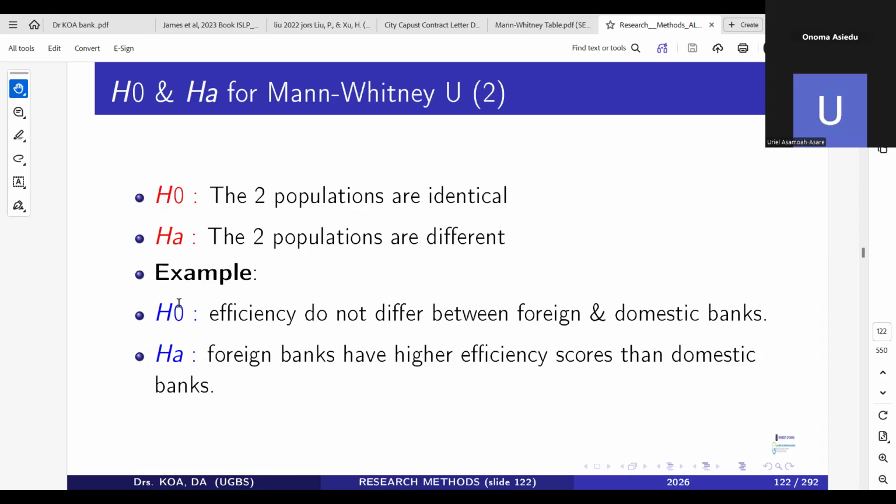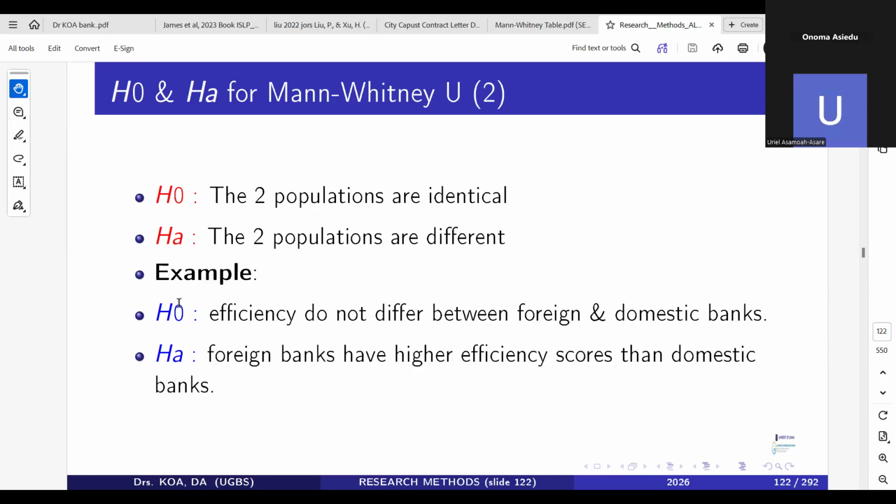So we can say efficiency do not differ from foreign banks to domestic banks. That's for the first one. And then how do you alter that same first one?